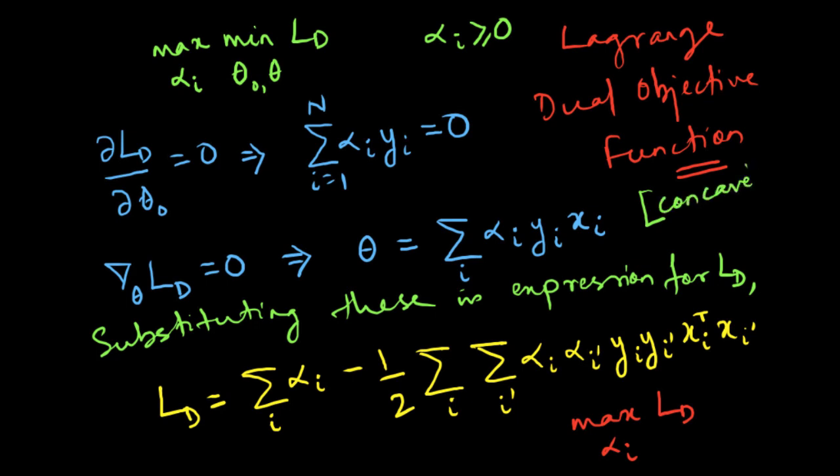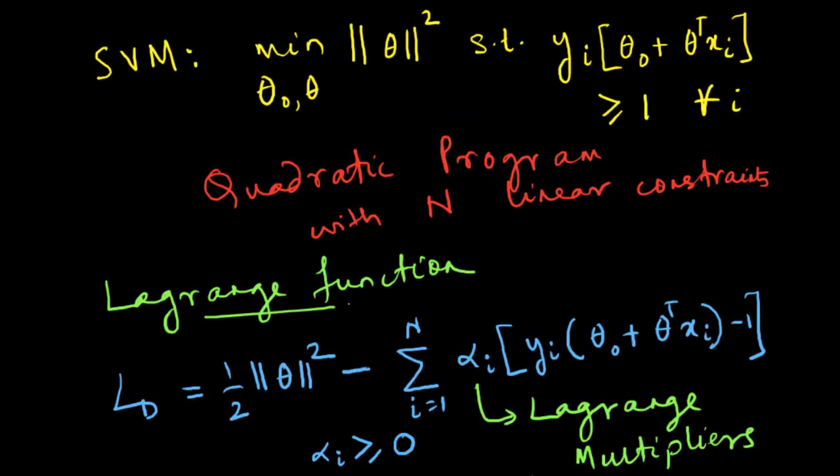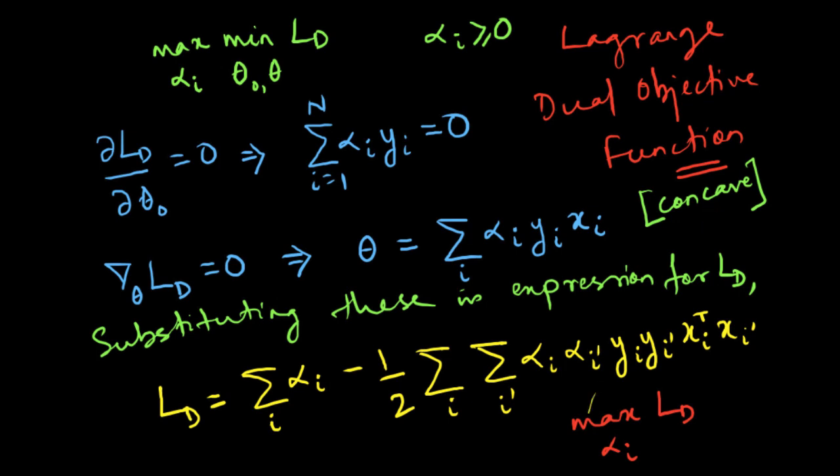The Lagrange primal function which we had earlier was convex with respect to the parameters theta and theta naught, and that's why it has a unique minima. And this Lagrange dual objective function is concave with respect to its parameters alpha i, and that's why when we maximize this we find a unique value for our maximum of LD. And this can be solved using quadratic programming.